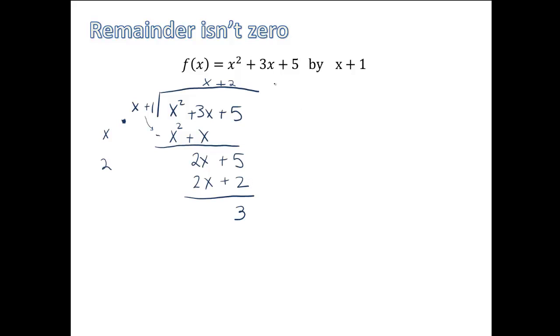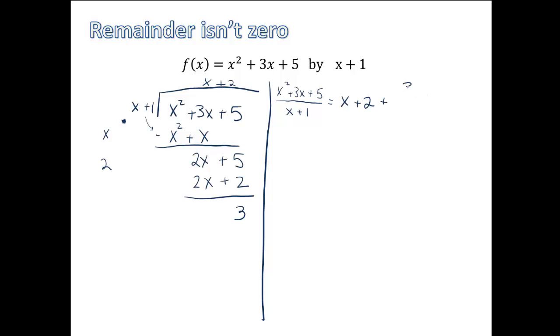Okay, first off, the original thing. If we think about this, it is this value divided by this. So let's write that out. We have x squared plus 3x plus 5 divided by x plus 1. And that equals what we found out here, x plus 2, but it also equals our remainder, and essentially it is still being divided by this.